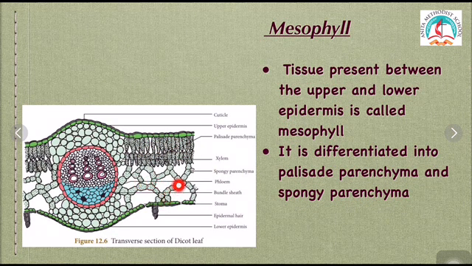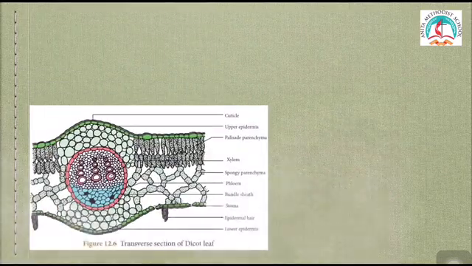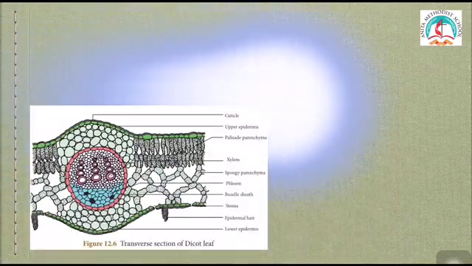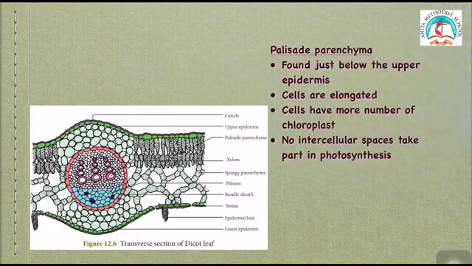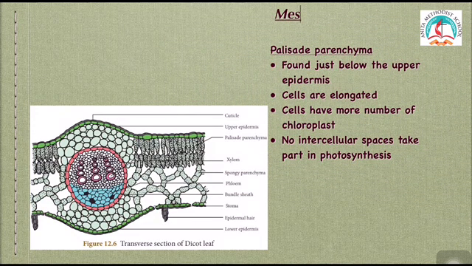Let's see about palisade parenchyma. Palisade parenchyma is found just below the upper epidermis. You can see, these are all palisade parenchyma.